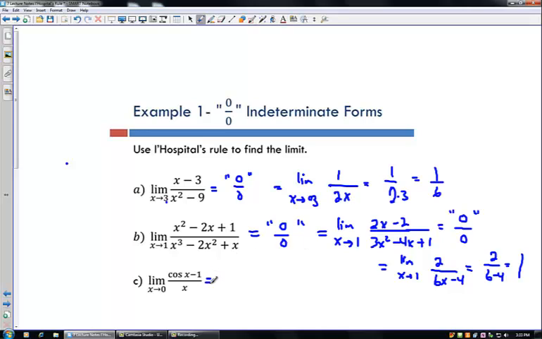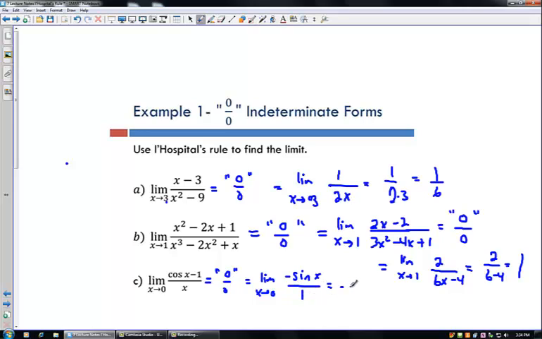Over here, I'll plug in 0 again like I did before, but I'll get out, like last time, 0 over 0. And so I can L'Hopital it, so this is going to be the limit as x goes to 0. The derivative of cosine is minus sine of x minus 0, divided by the derivative of x, which is 1.